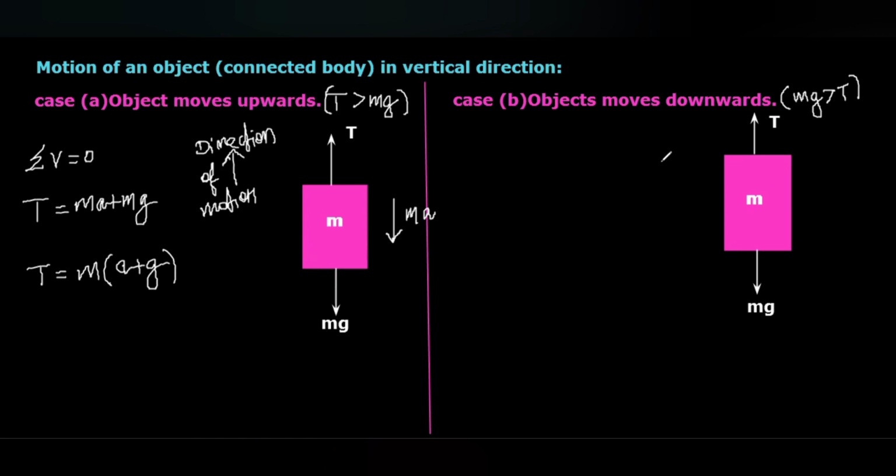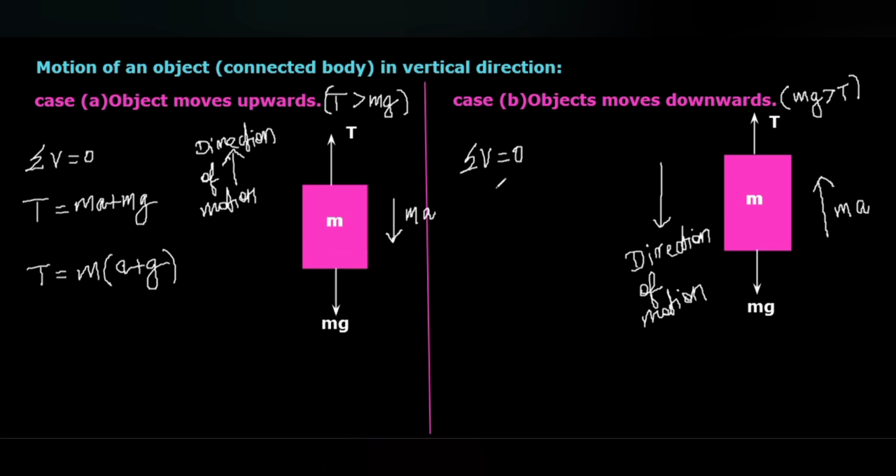So the direction of motion will be downwards. When the object moves downwards, we know that the inertia force, that is mass multiplied with the acceleration, will act exactly upward. So we can write the summation of vertical forces equal to 0.